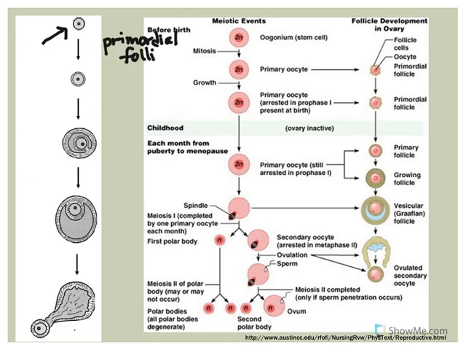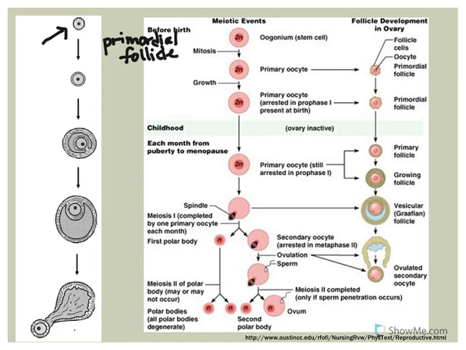What it is, it's a primary oocyte that's suspended in meiosis I that's surrounded by one single layer of squamous cells. Those squamous cells are referred to as granulosa cells. They help to nourish the egg and keep that egg suspended in meiosis I.